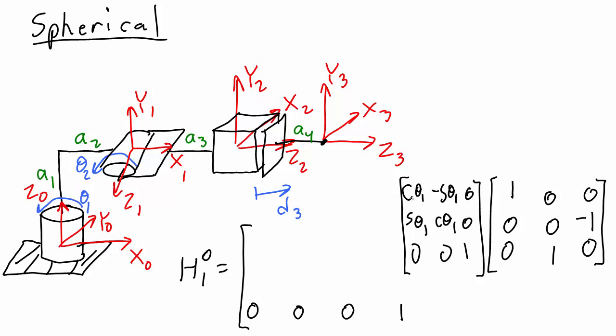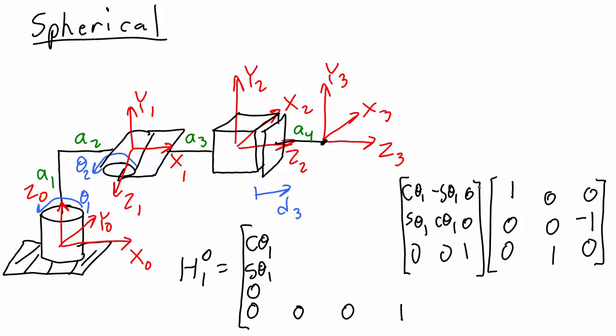So 1 times cosine θ1 plus negative sine θ1 times 0 plus 0 times 0 gives me cosine θ1. And I continue doing this, so for the second row, I'll multiply row 2 times column 1 and get sine θ1. And then I'll multiply row 3 times column 1, which gives me 0.